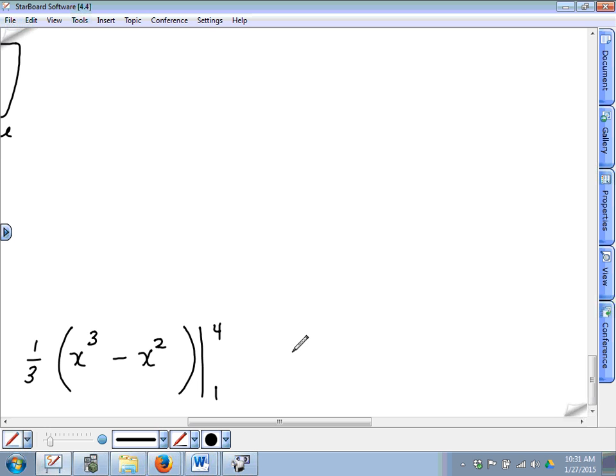So then we're going to use the fundamental theorem of calculus. So we have this 1/3. Now we need the antiderivative at 4. That's 4 cubed minus 4 squared, 64 minus 16, 48. And then we need the antiderivative at 1.